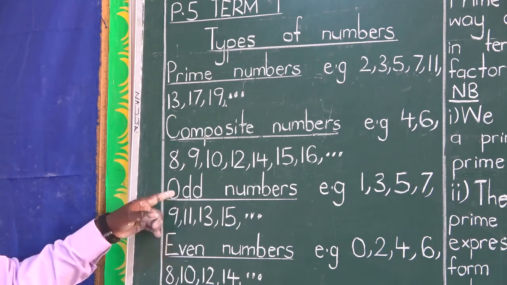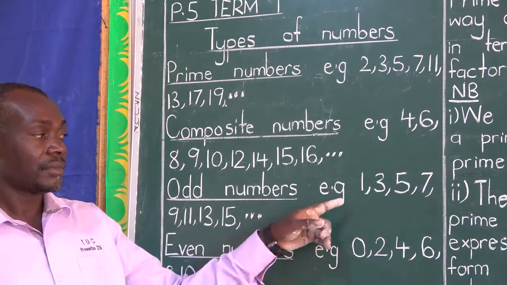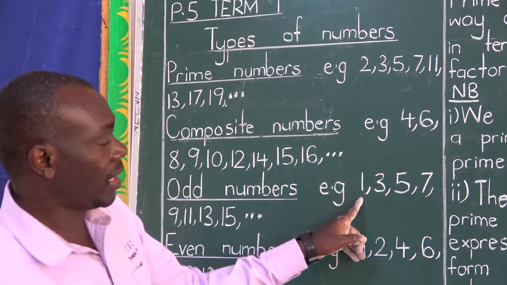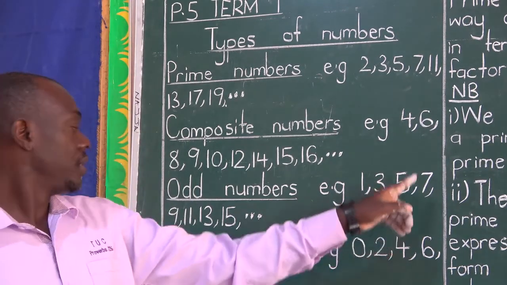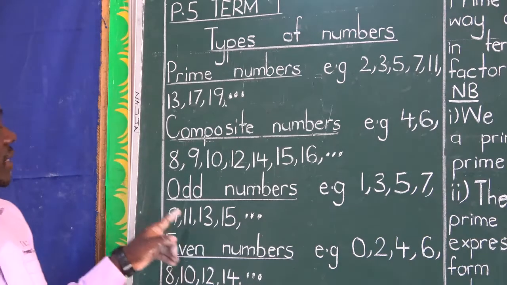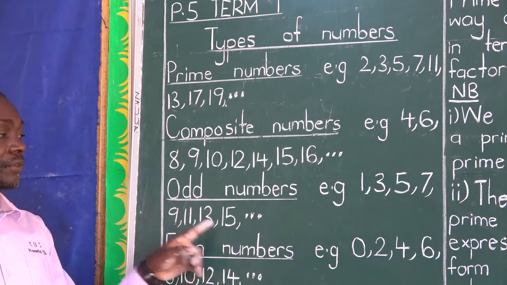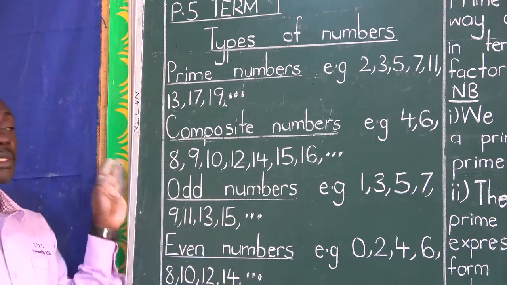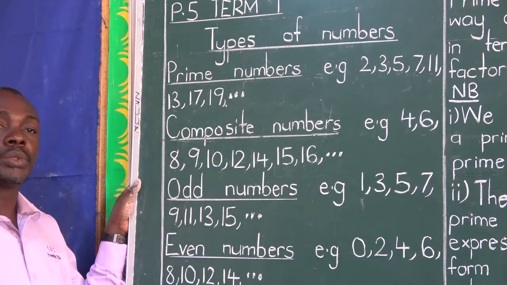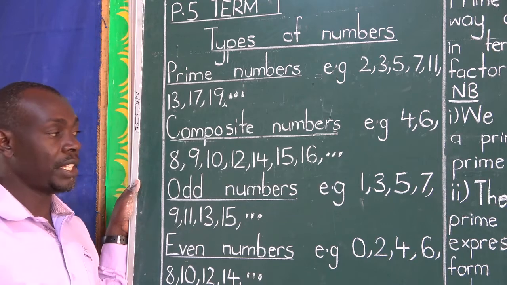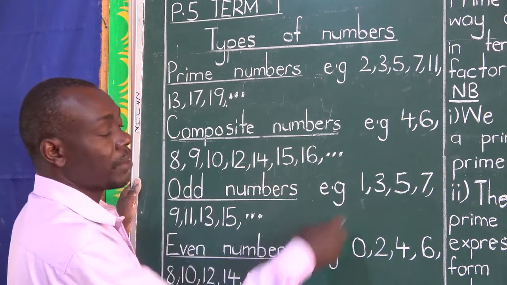And now the examples. Odd numbers are 1, 3, 5, 7, 9, 11, 13, 15, 17, and so on. Wherever you divide any of these by 2, you get a remainder. That is 1 divided by 2.